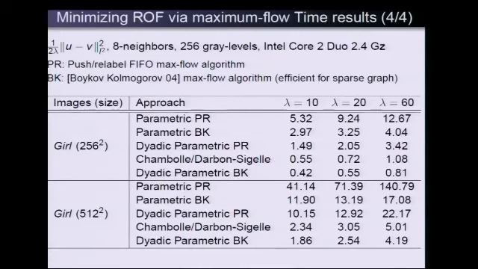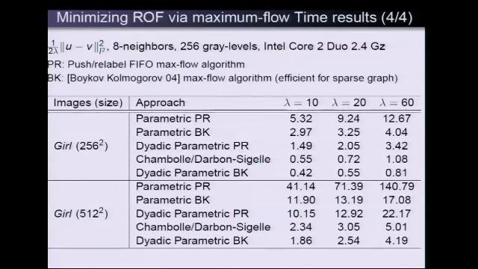So here I'm not going to talk about that, and I cannot say a lot about that, but you have a kind of strong dependence on how strong you regularize the image. But importantly, if you multiply the number of pixels by 4, then you see that more or less you're multiplying your time results by 4. So essentially you are almost in linear time in practice, again, in practice.